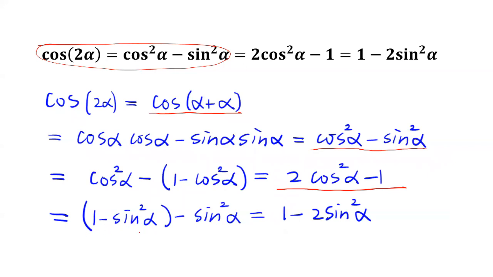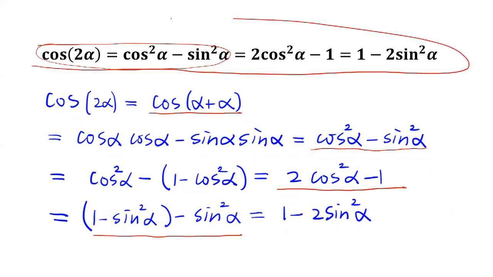This is according to the Pythagorean identity, right? And then 1 minus sine alpha squared, and then minus sine alpha squared is, of course, 1 minus twice of sine alpha squared, right? So in this way, we have proved that this expression is a trigonometric identity.